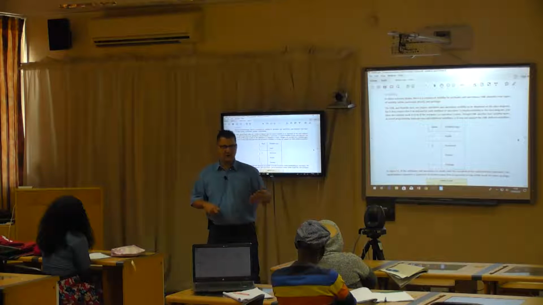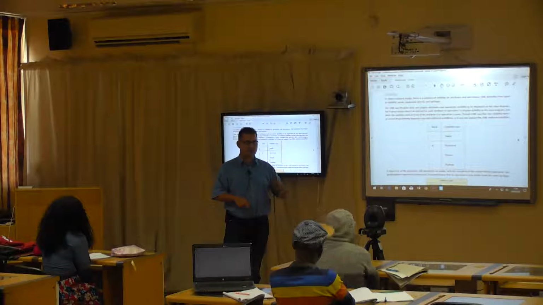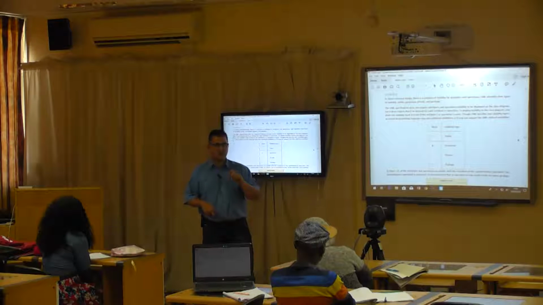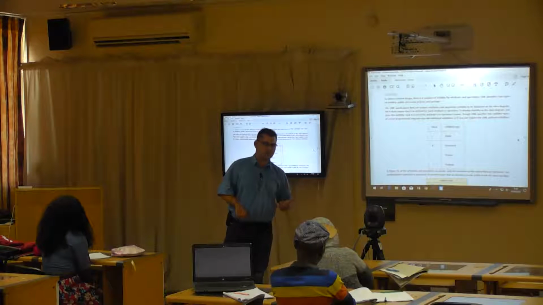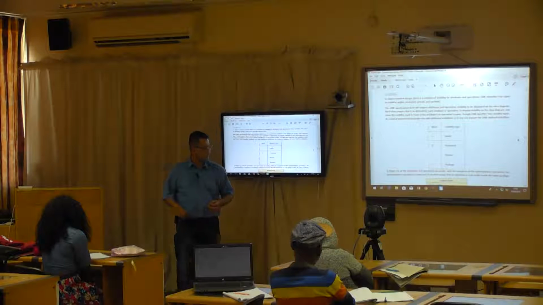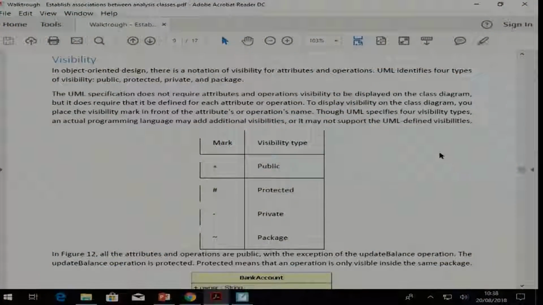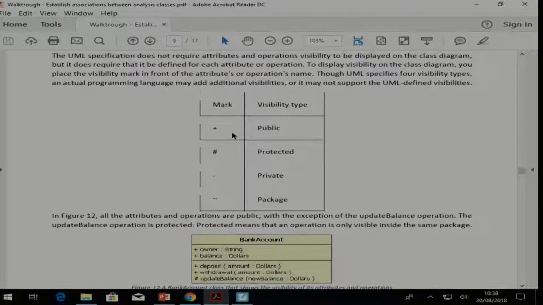No. We don't know the implementation language, because not all implementation languages support the same type of visibility, and they implement it differently. But we can indicate it with the following symbols: the plus sign for public, the dash for private, the hash for protected, and the tilde for package.